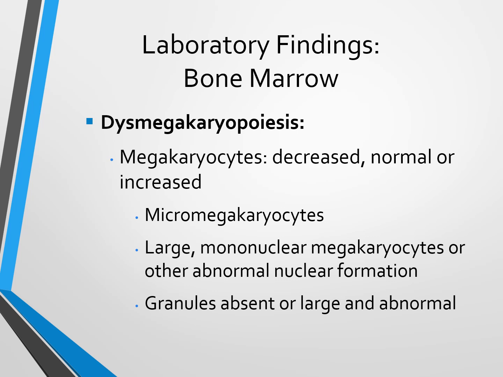There was a picture in our last lecture about myelodysplastic syndromes and myeloproliferative neoplasms, so if you can't remember what those look like, go ahead and take a look back at that. There may be absent granules or they may be large and abnormal. So anything that can go wrong might potentially be wrong.